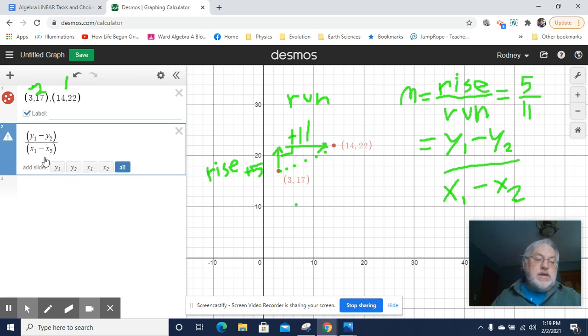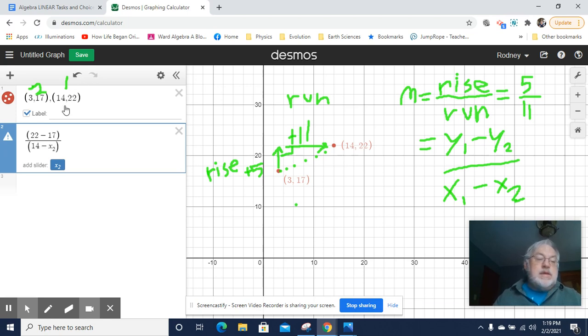I'm going to ignore all this stuff here because I'm going to replace y1 with the y value from the point I've called point 1. There is no magical reason that is point 1. I just called it that. And now I'm going to take the y value from point 2, which is 17. Then I go down here and I replace x1 with the x value from point 1.